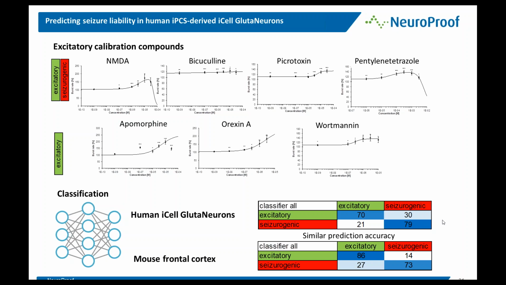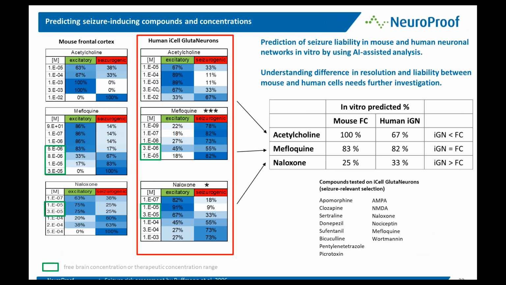And if we now investigate a selection of unknown compounds again, what we see is that they also predict the seizure genicity for acetylcholine, naphthalene, or naloxone.